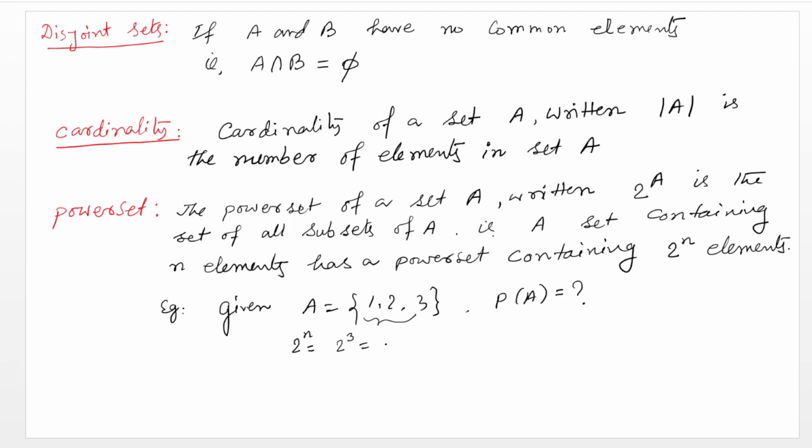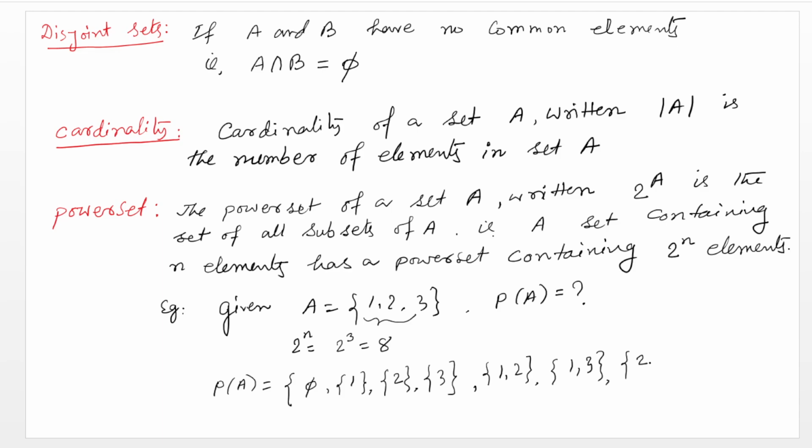So 2 to the power 3 is equal to 8. So P of A will be written as the set of all subsets: the empty set, then {1}, {2}, {3}, then {1, 2}, then {1, 3}, then {2, 3}, and finally {1, 2, 3}.